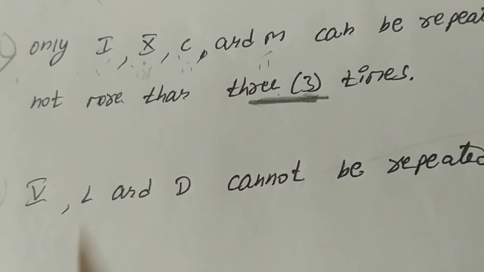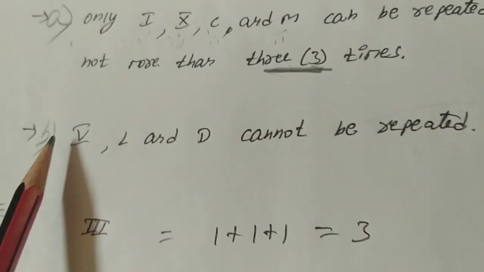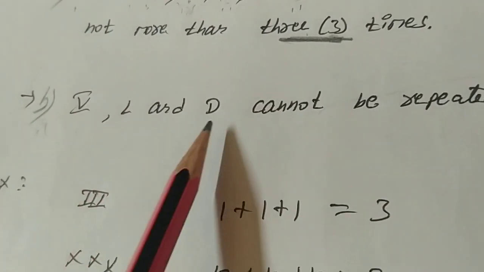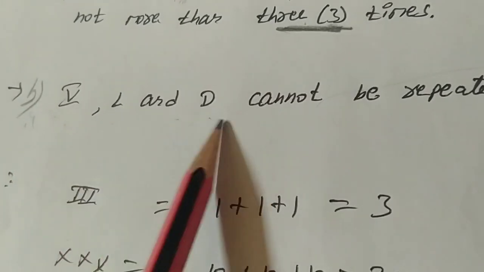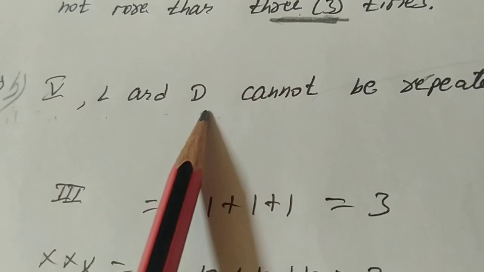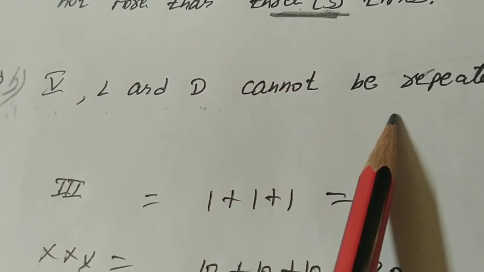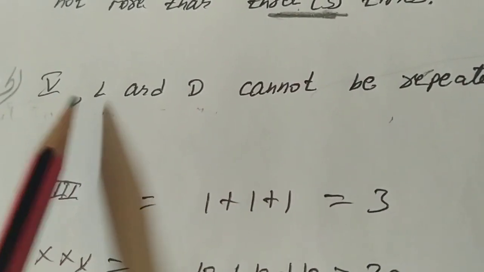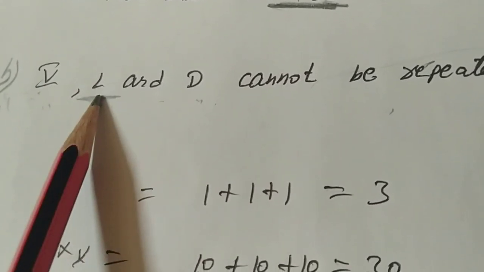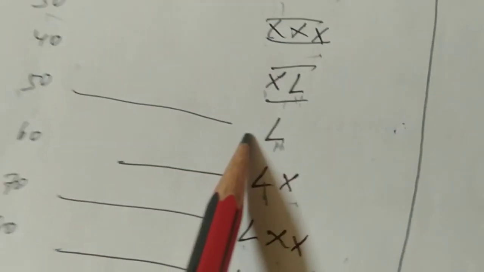And in rule number 1, sub rule B: V, L and D. These 3 cannot be repeated. Remember, V, L, D cannot be repeated. Already I told you, this is called V, which is 5.